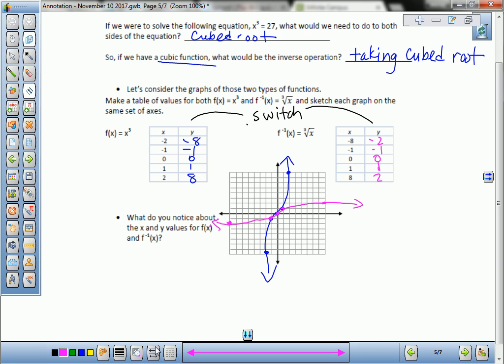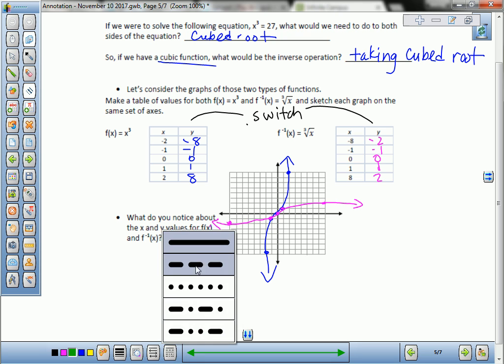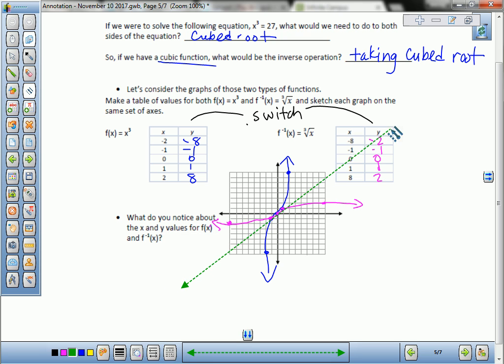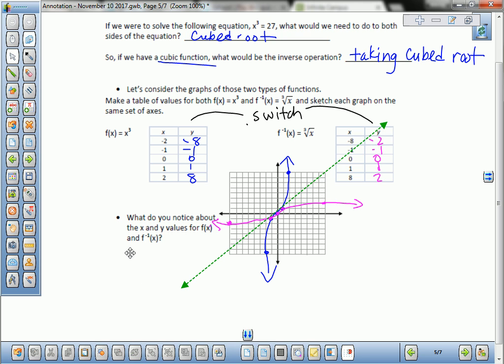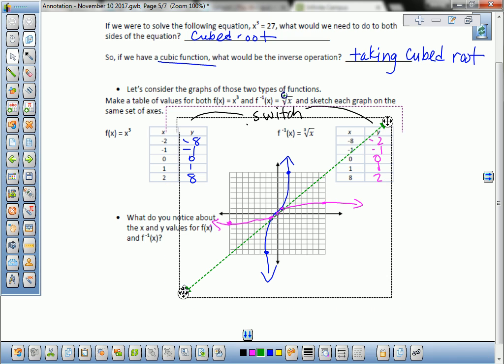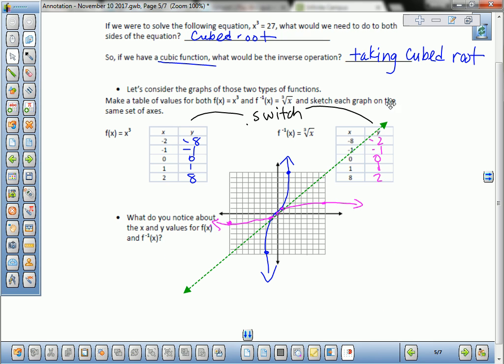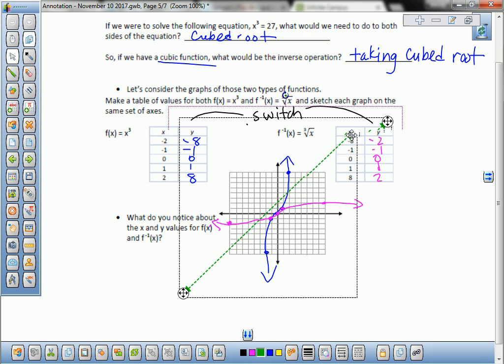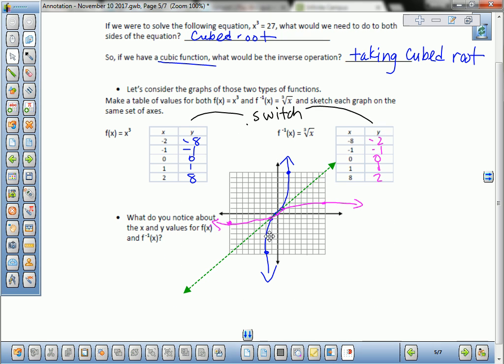And because of that, anytime we graph a function and its inverse, you're going to notice it reflects right over the line y equals x. If we folded it right down this middle, which I'm not good at drawing. That's better. Do you see that if I folded it down that diagonal, the pink and blue would flop right on top of each other? Got it? All right.